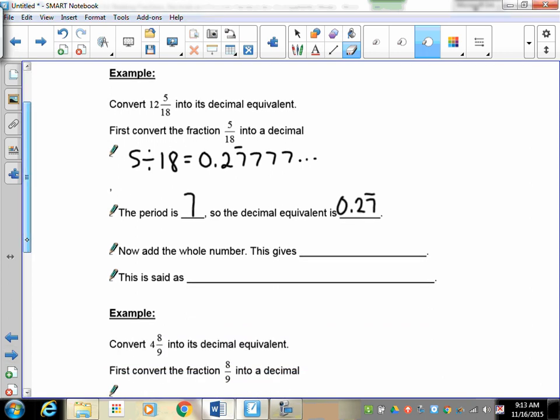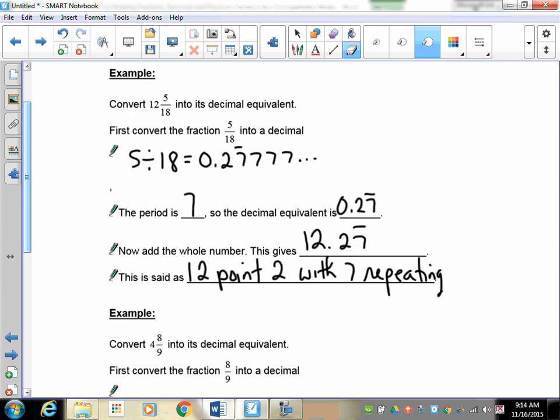Now include the 12. So it gives you 12.27 repeating there. All right, so actually it's 12.2 with 7 repeating. So this is written, I'm going to put it in number form, 12.2 with 7 repeating.